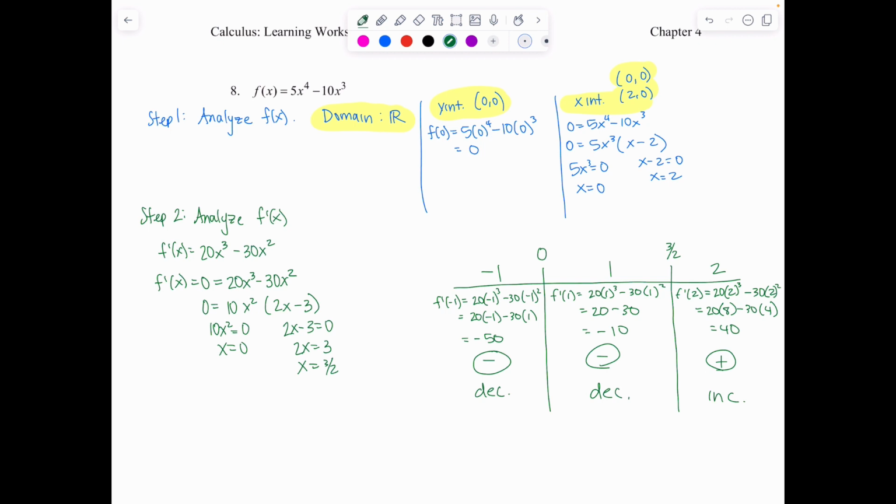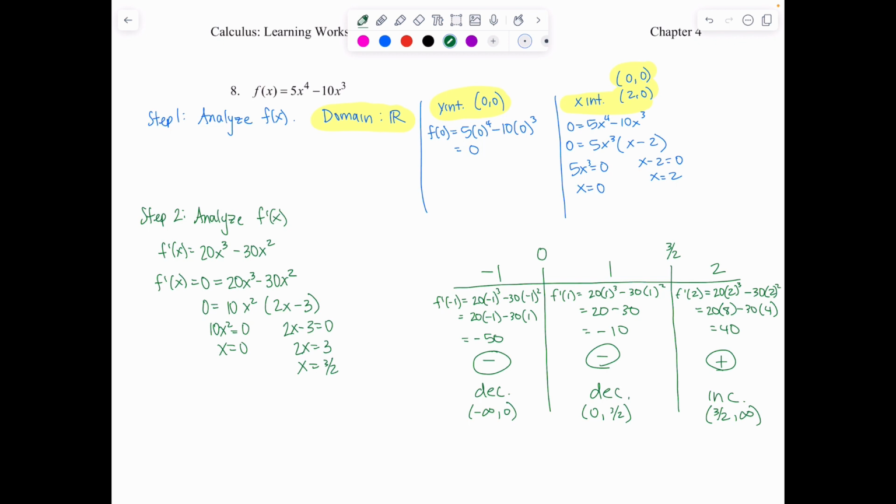So it's decreasing from negative infinity to 0, and then decreasing from 0 to 3 over 2, and then increasing from 3 over 2 to infinity.